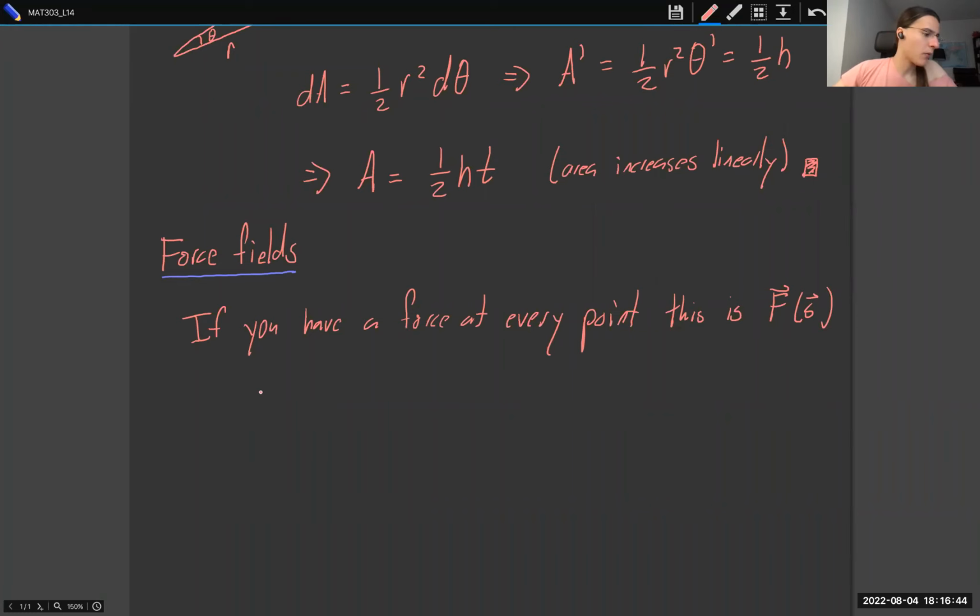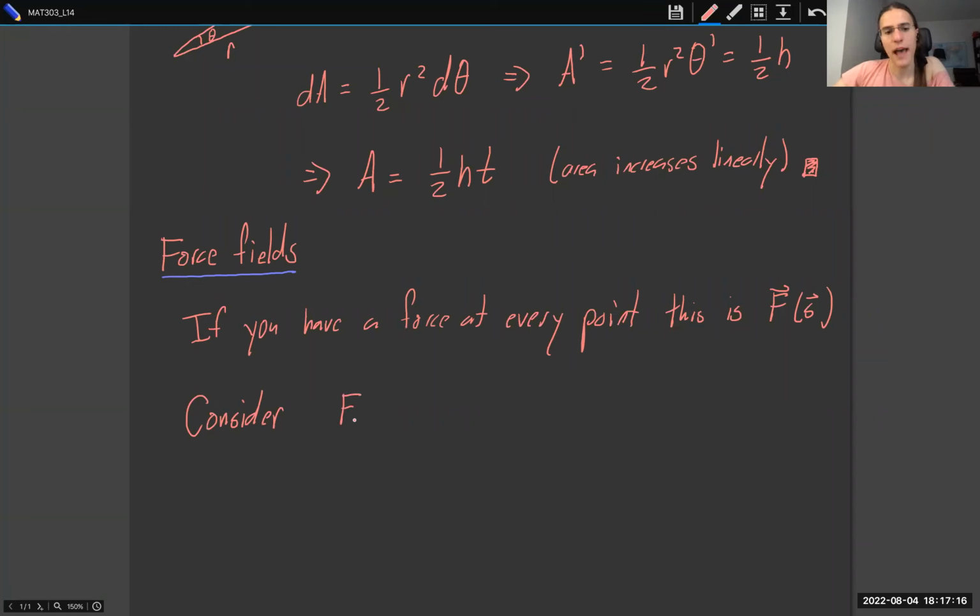Then what we can do is consider the expression basically Fx. So Fx is a function of position.